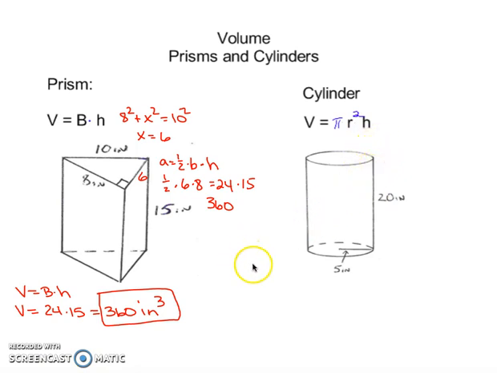So your volume equals pi times 5 squared times the height, which is 20. So your volume is going to end up being 500 pi, and again we're using units of inches, so inches cubed. You can still leave it in pi if you're still dealing with circles.